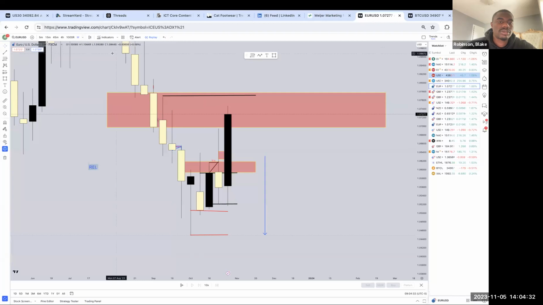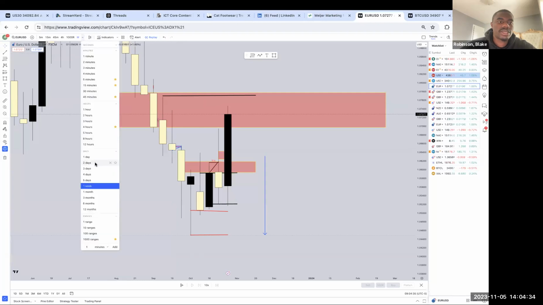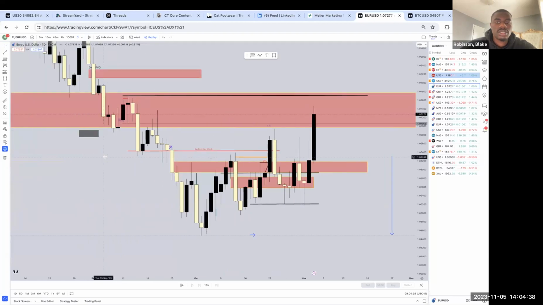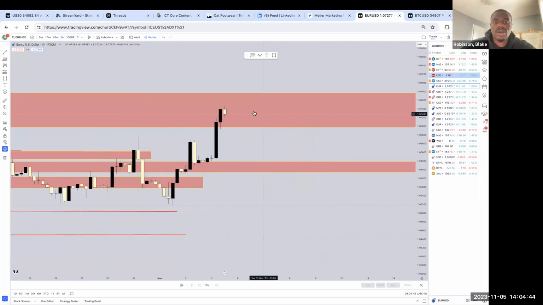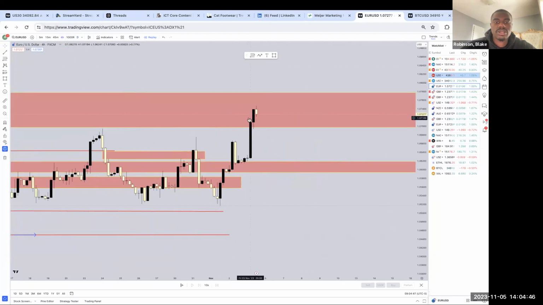And what I would like to see going into this next week is price... We just formed a huge imbalance on dollar. I would like to see price trade somewhere back into this fair value gap that we formed here.